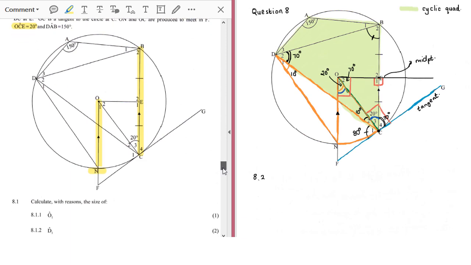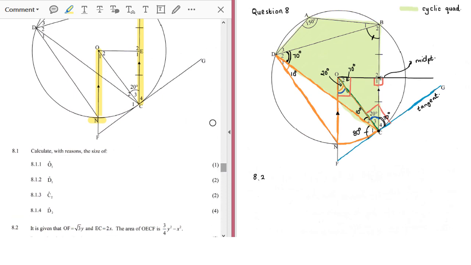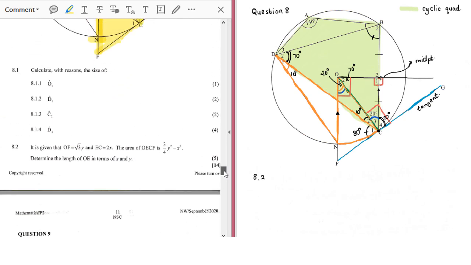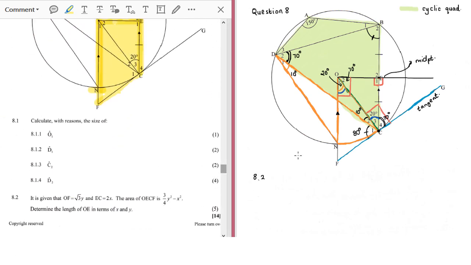No, they didn't. But OECF is this figure over here. We can recognize for ourselves that this figure is a trapezium since it has two parallel sides. So we are given the area of that.